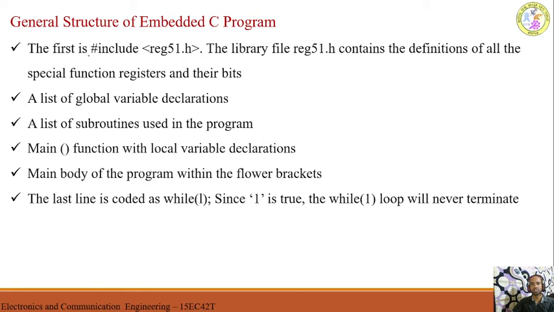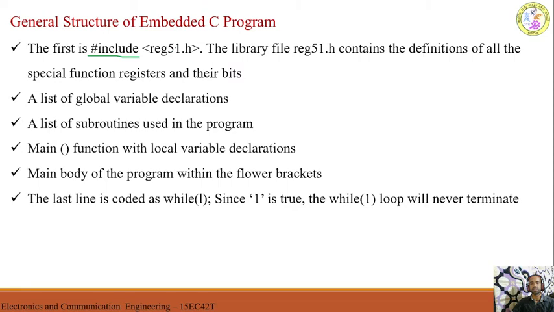This is called a preprocessor directive, #include. This preprocessor directive will include the header file; .h is the header file, reg51. The library file reg51.h contains the definition of all the special function registers and their bits. All the definitions of the special function registers will be in this header file.